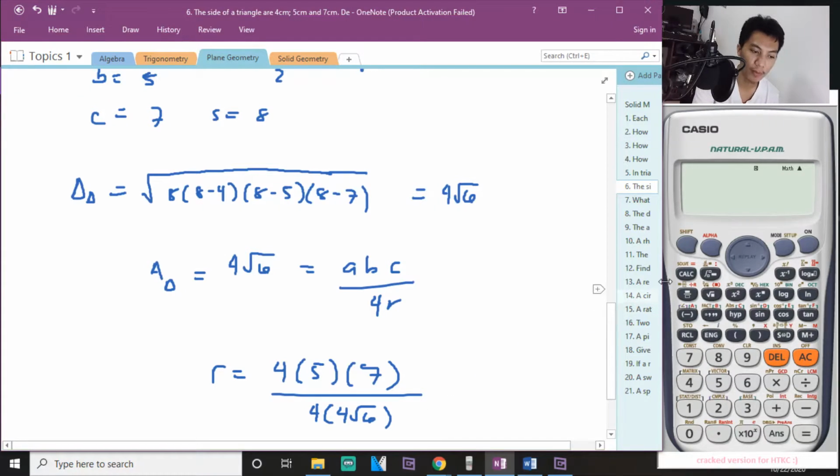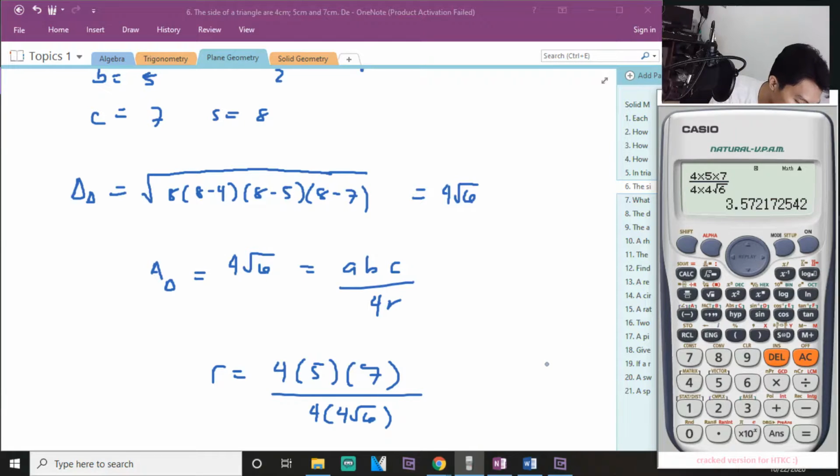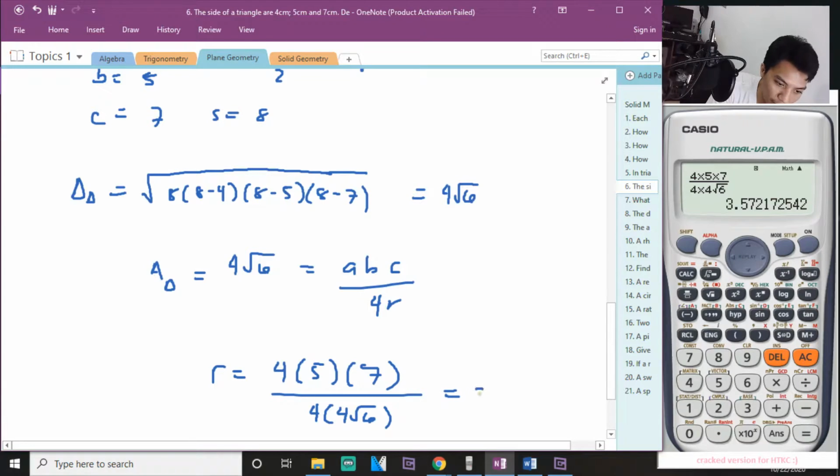Now, we can solve for R. The answer is 3.572.